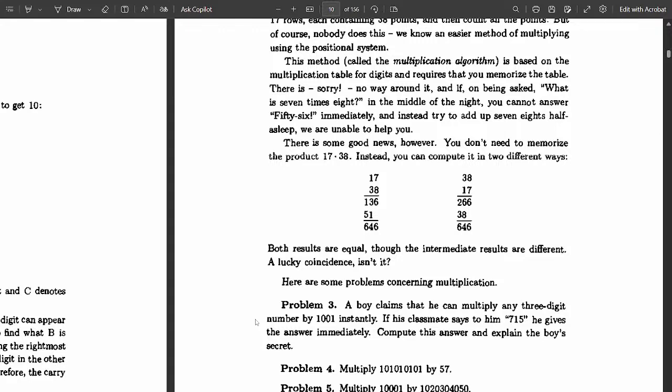Take care of the information that is given here, which is that it is any three-digit number. 1001.